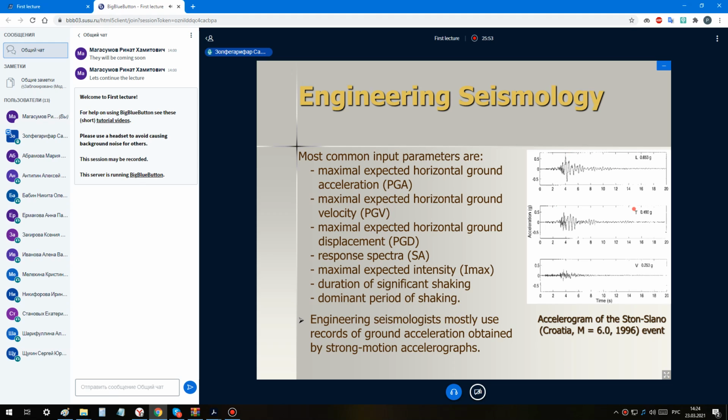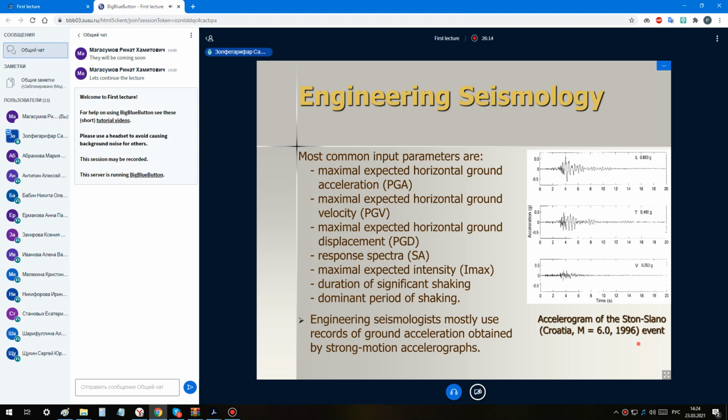Also, you can see the accelerogram of the Stone Solano earthquake in Croatia with magnitude 6 that occurred in 1996.